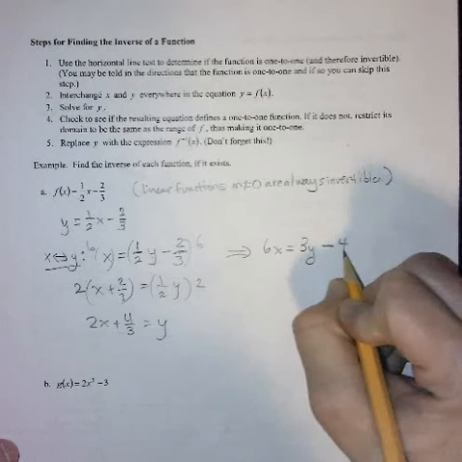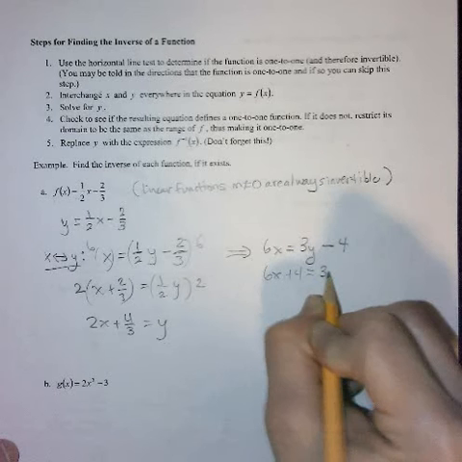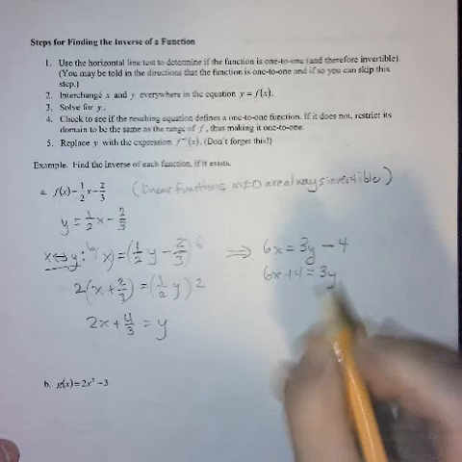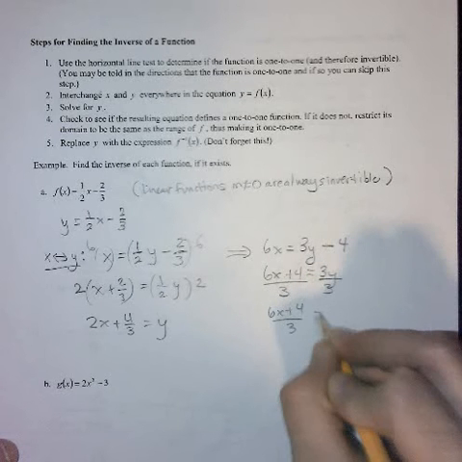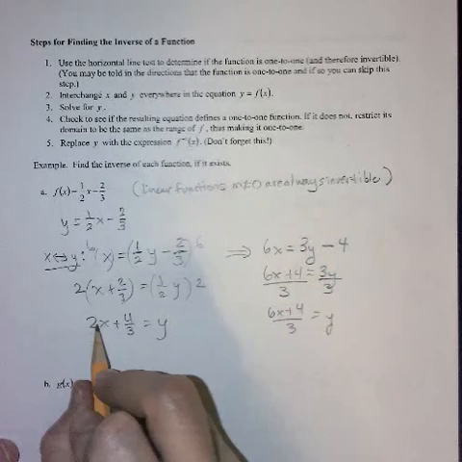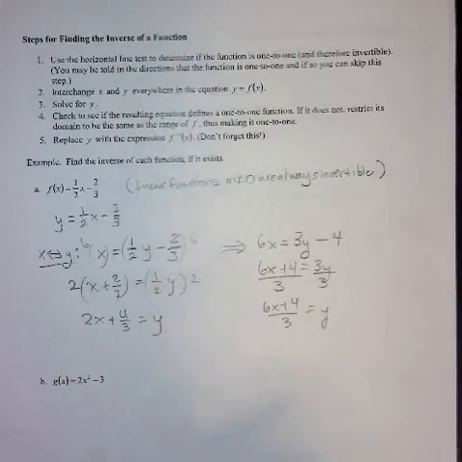And then 6x plus 4 is 3y, and then divide both sides by 3. And then you could leave it as 6x plus 4 over 3, or if you split it into 2 fractions, you end up back here. Whatever way you write the answer is fine.